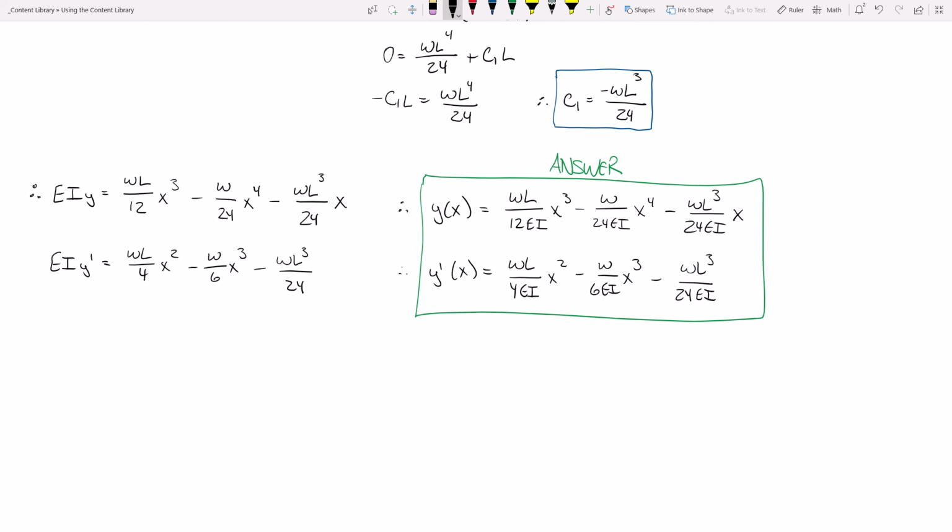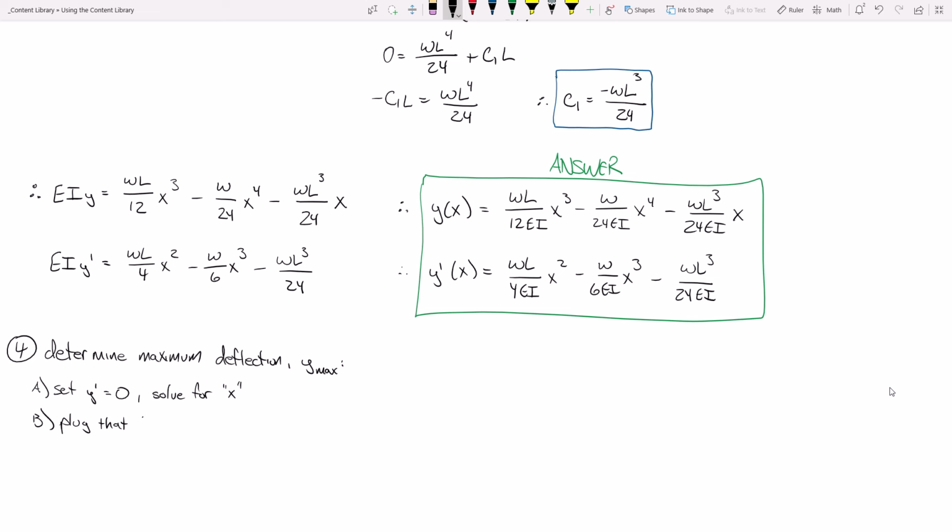All right, so to be clear, to determine Ymax, we'll set y prime equals 0, solve for x, plug that x into y to determine Ymax.